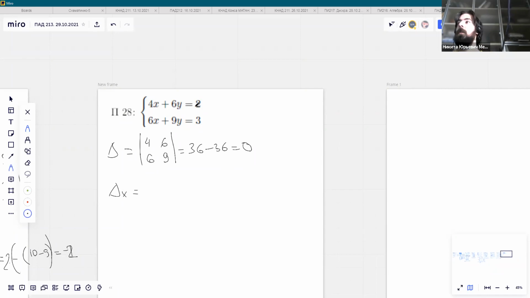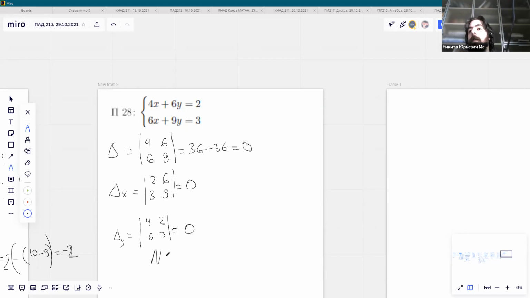That's simply tradition. So if they are called x and y, then I call these determinants not delta 1 and delta 2, but delta x and delta y. Again, tradition. It doesn't really matter. So it's easy to compute that they also equal 0.